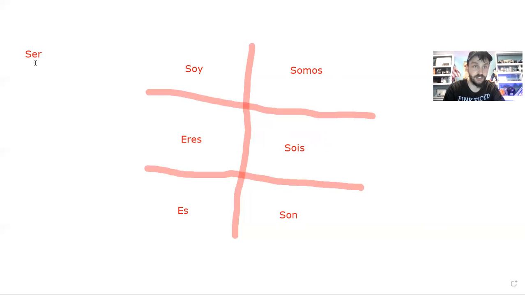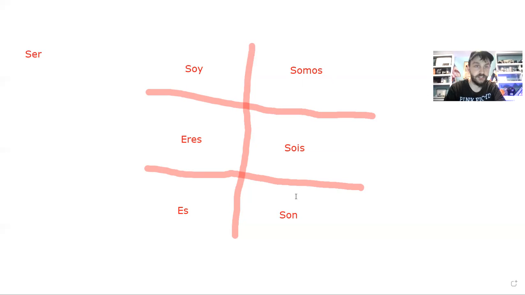See all these conjugations? So for the verb ser, you have yo soy, tú eres, él es, ella es, y usted es. Nosotros somos, nosotras somos, vosotros sois, vosotras sois, ellos son, ellas son, y ustedes son.